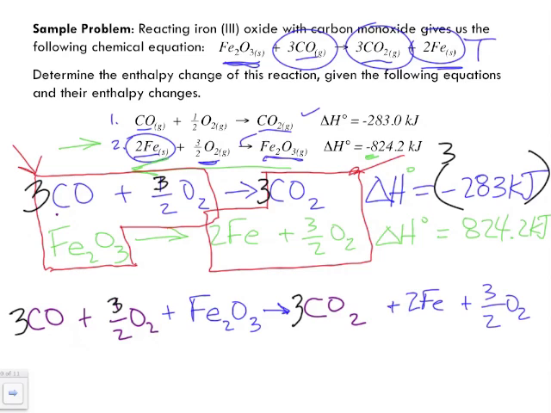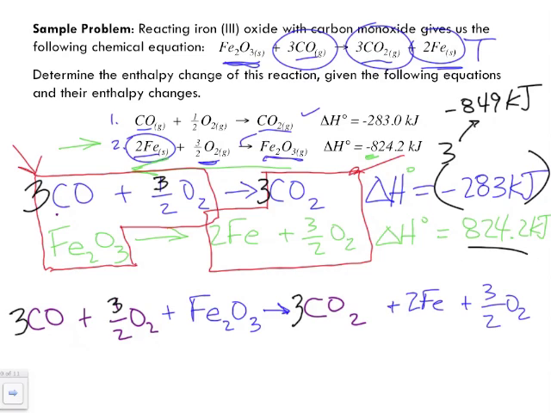So because we multiplied it by 3, let me grab my calculator here. We're going to multiply 283 by 3 to give us minus 849 kilojoules. So this first reaction is as follows, and this reaction is as follows.